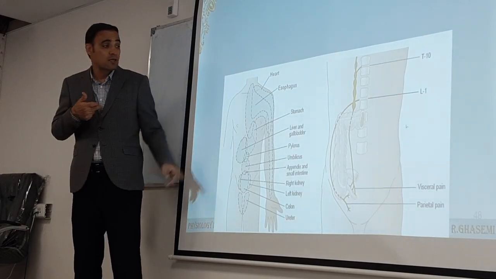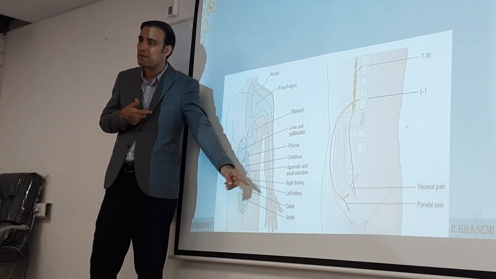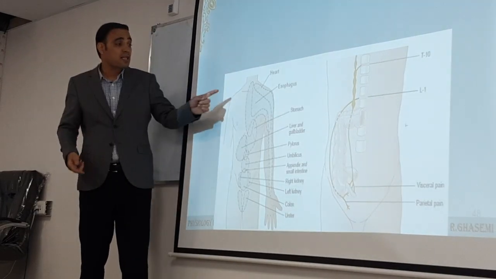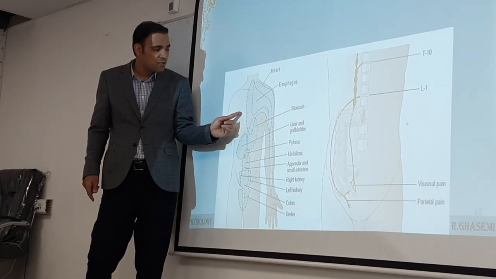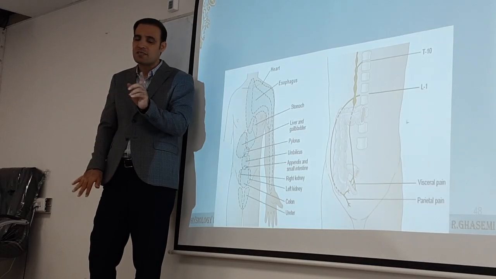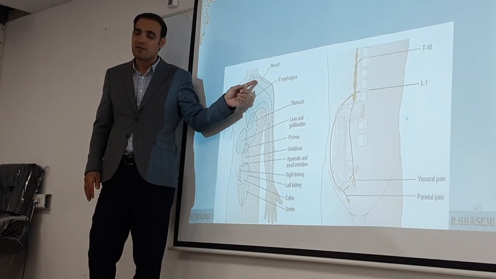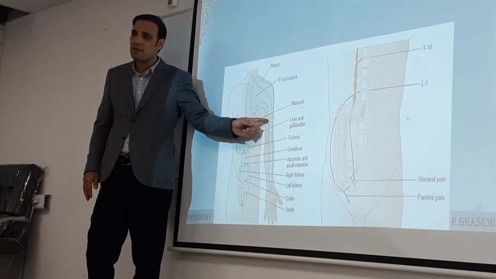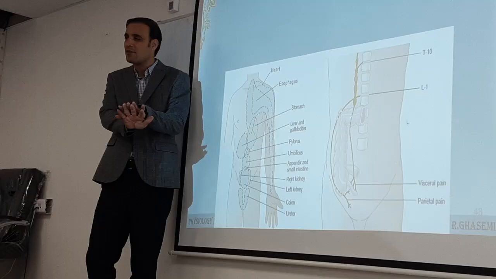But sometimes the heart is here, but here we have the pain. You know the esophagus, have a look at the esophagus. The esophagus overlaps with the heart. I want to say, when we have a shoulder pain, left arm pain, it may be the esophagus, because they are overlapped.